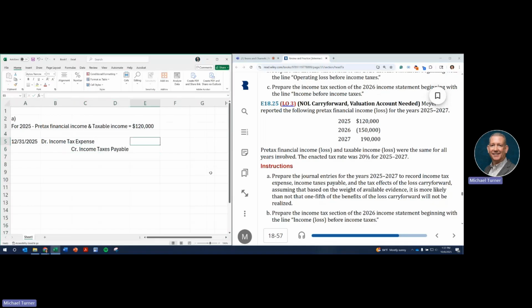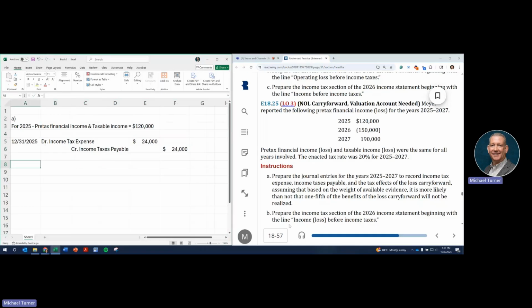For the respective amounts, we had a $120,000 taxable income, and the problem said that our enacted tax rate is 20% for all years involved. Multiply that by 20%, and we get $24,000. So we'll have a debit to income tax expense of $24,000 and a credit to income tax payable, $24,000. All right, so that's the 2025 entry.